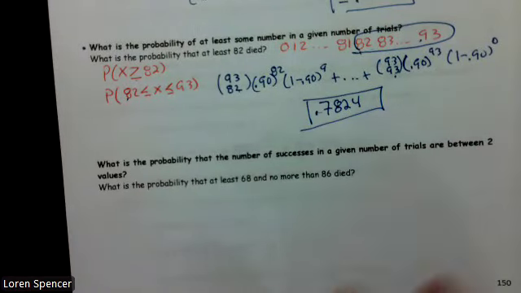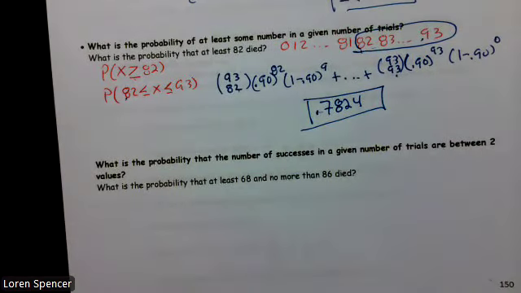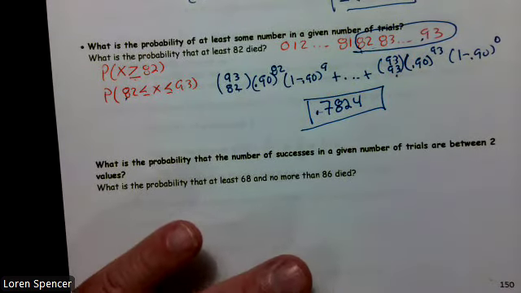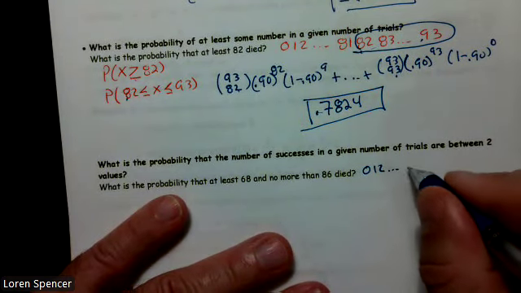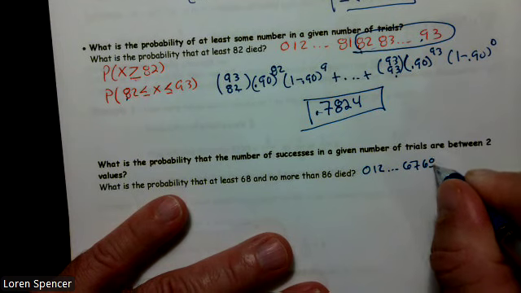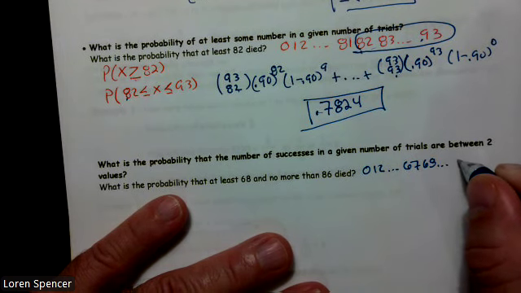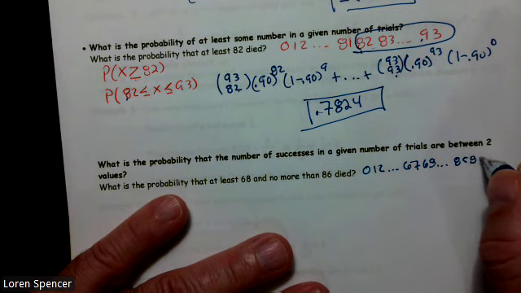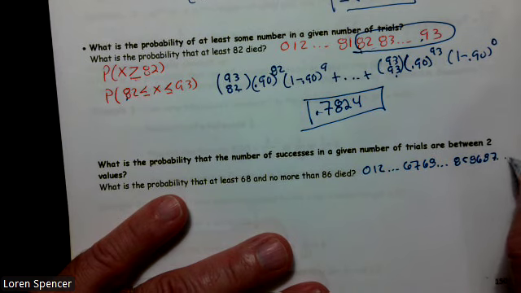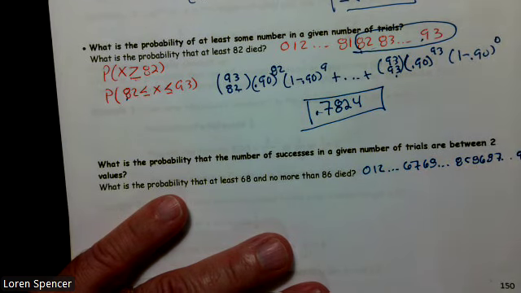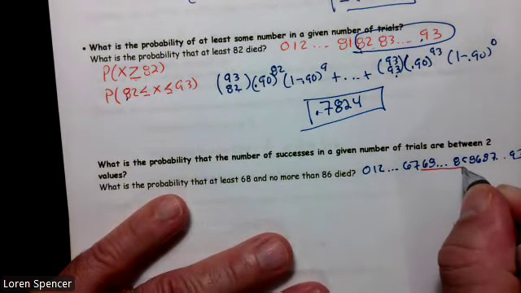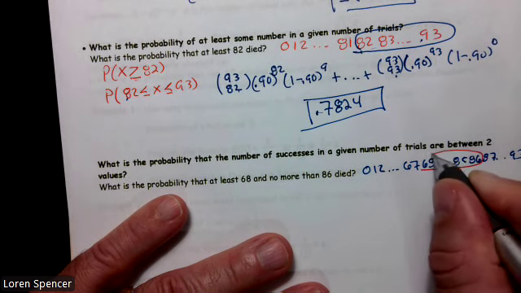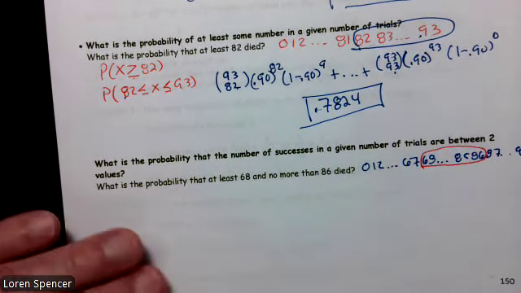Okay, last one. What is the probability that at least 68 and no more than 86 died? So 0, 1, 2, dot, dot, dot, 67, 68, dot, dot, dot, 85, 86, 87, to 93. Well, what am I looking for? I'm looking for between 68 all the way to 86, at least 68 and no more than 86.